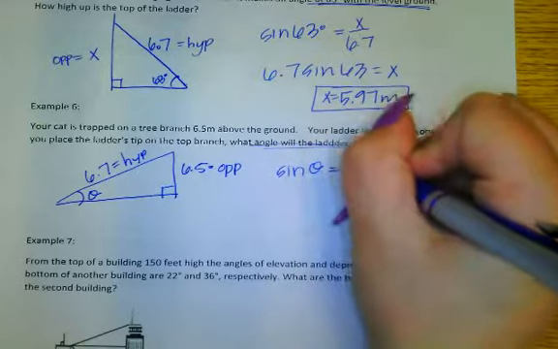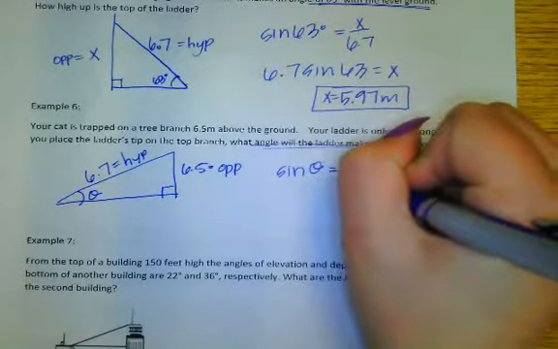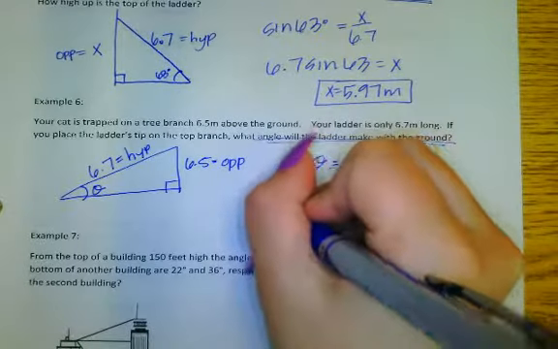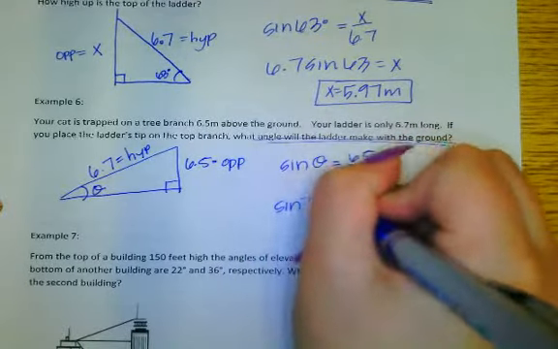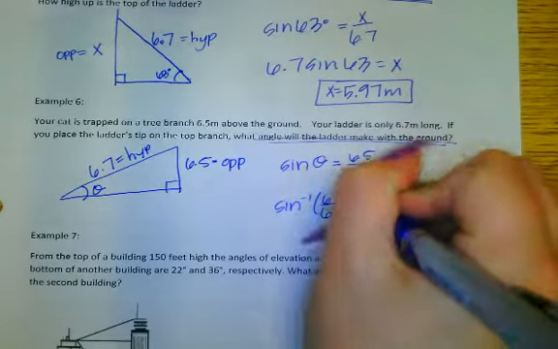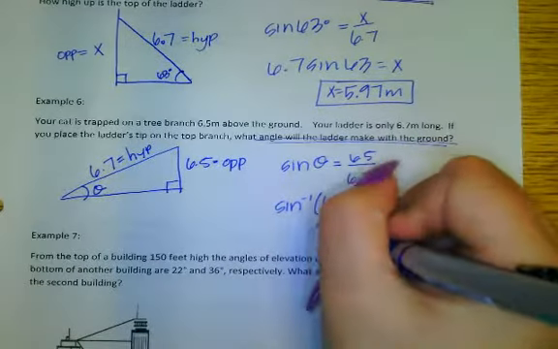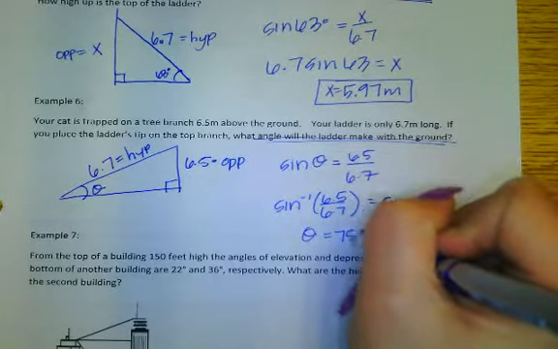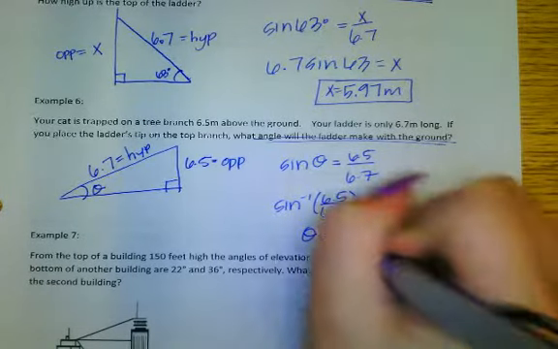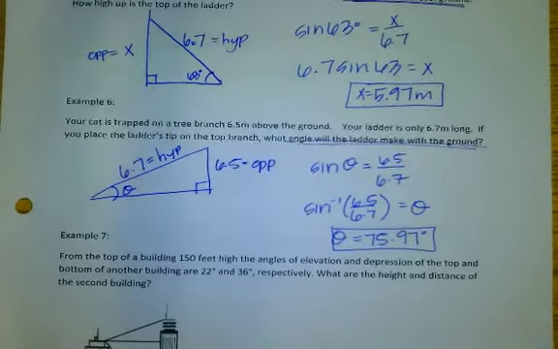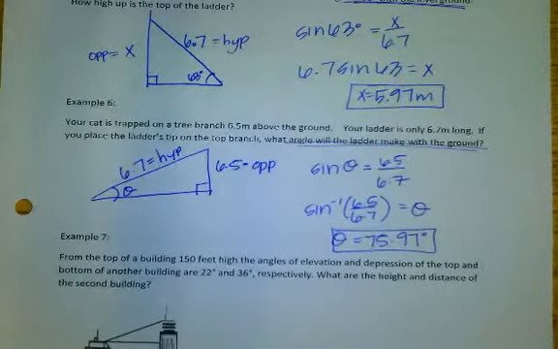How do I rewrite this equation? Very good. 75.97 degrees. Questions?